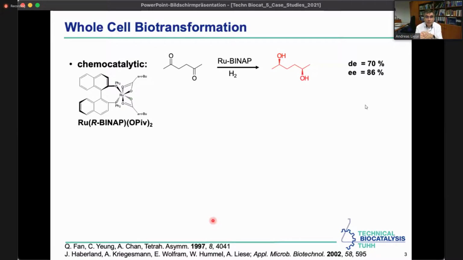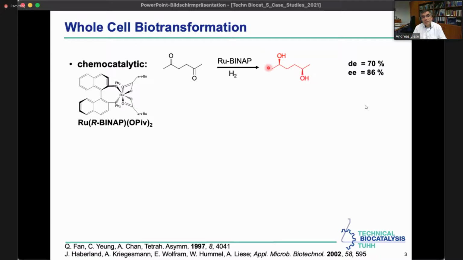The first example I would like to show you is an example we already discussed in the biocatalysis enzyme technology section. Remember, we discussed the reduction of a diketone to the respective diol, and there are chemical methods, like with ruthenium BINAP chemocatalysis and molecular hydrogen, to carry out this non-selective reduction that you can see here.